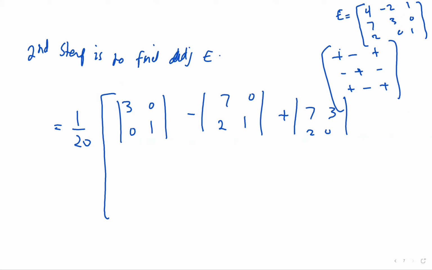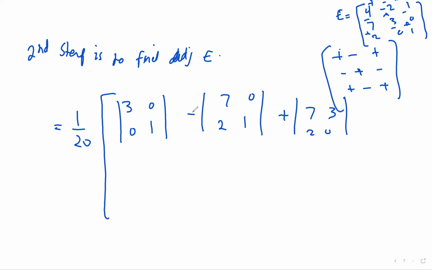So you have plus, minus, plus, then minus, plus, minus, then plus, minus, plus. So what you do is you cover the first one, it's 4, and then you take what is here, and then you cover 2. The reason I put it's 2 plus 2 is because it's minus 2, then it becomes plus.